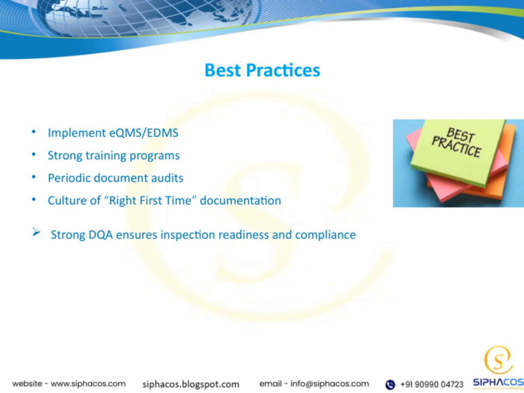And tying all these practices together is a robust data quality assurance, or DQA program. A strong DQA ensures our documentation and data are reliable, which is essential for inspection readiness and maintaining compliance. Ultimately, these best practices reinforce our overall commitment to quality, helping us stay prepared for inspections and ensure we meet the highest standards in everything we do.